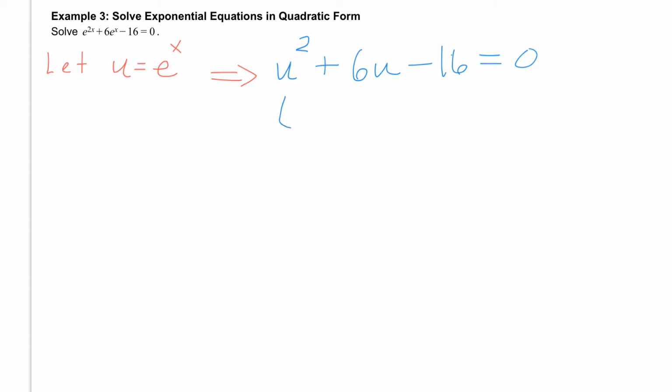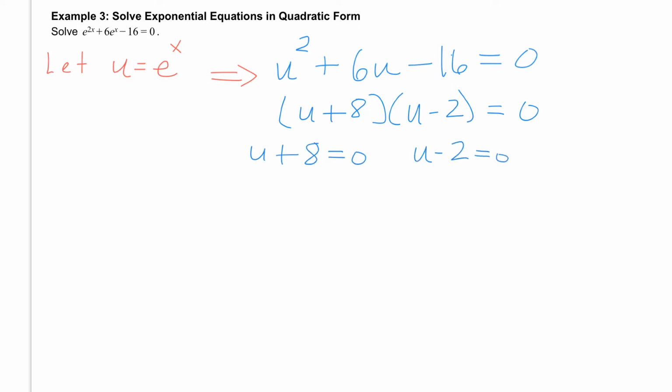So I'm going to factor this, and this factors into u plus 8 times u minus 2 equal to 0. Then from here I can set u plus 8 equal to 0, and set u minus 2 equal to 0. That gives me answers that u is equal to negative 8 and u is equal to 2.